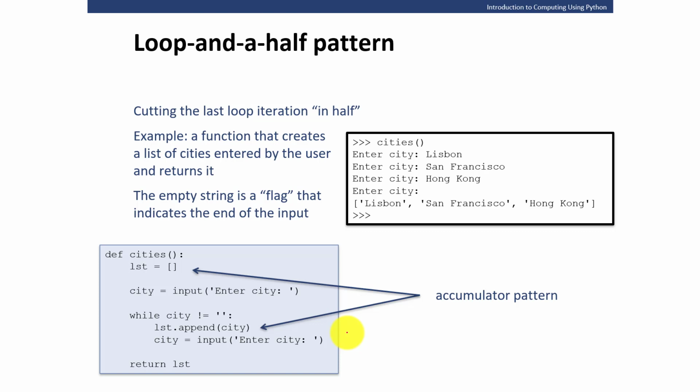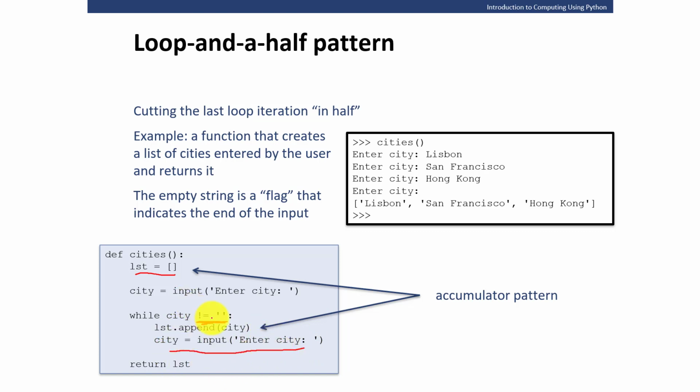So what we can do is provide an accumulator here, and then ask the user to input a city and check whether the flag has been entered or not. The flag in my case here is the empty string. So while the user did not enter an empty string, we will append whatever he entered to the empty list, and we ask the user to enter a new city again.